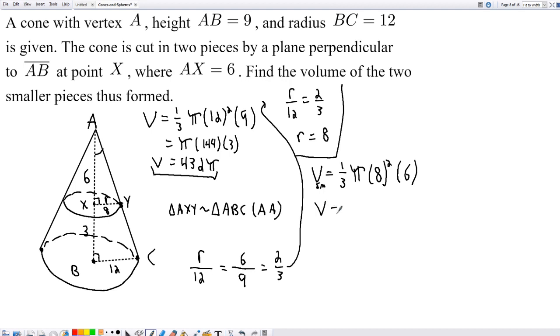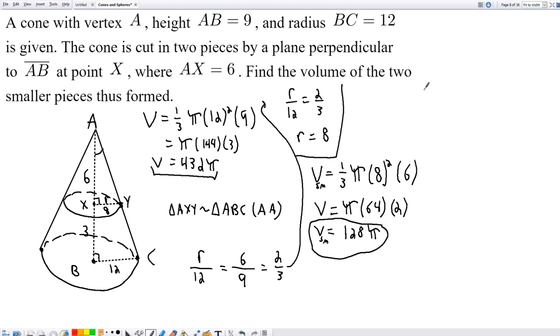We know 1/3 times 6 is 2, so we have pi times 8 squared, which is 64, times 2. The volume of the smaller cone is 64 times 2, which is 128 pi. So that is the first part of our answer.